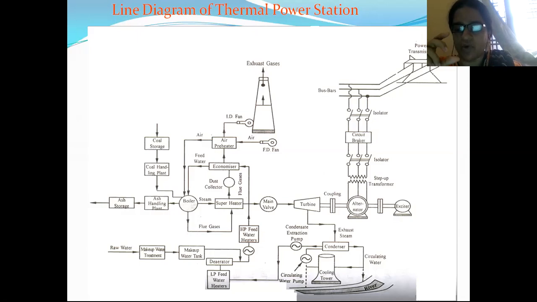What the boiler does is boil the water, which means you need to have water in the thermal power plant. You need to boil the water. For boiling the water, in order to convert the water into steam and obtain heat energy or thermal energy from it, you use a component called a boiler. So the boiler is the first important component you require in order to convert water into steam.